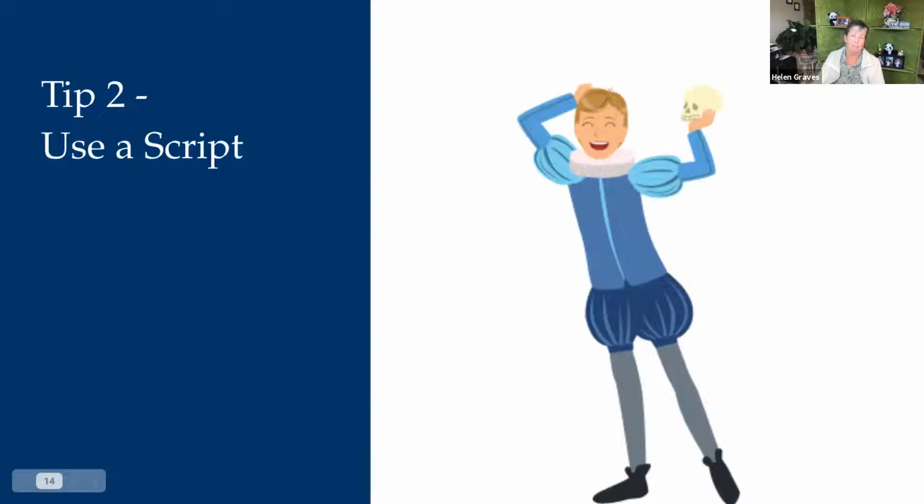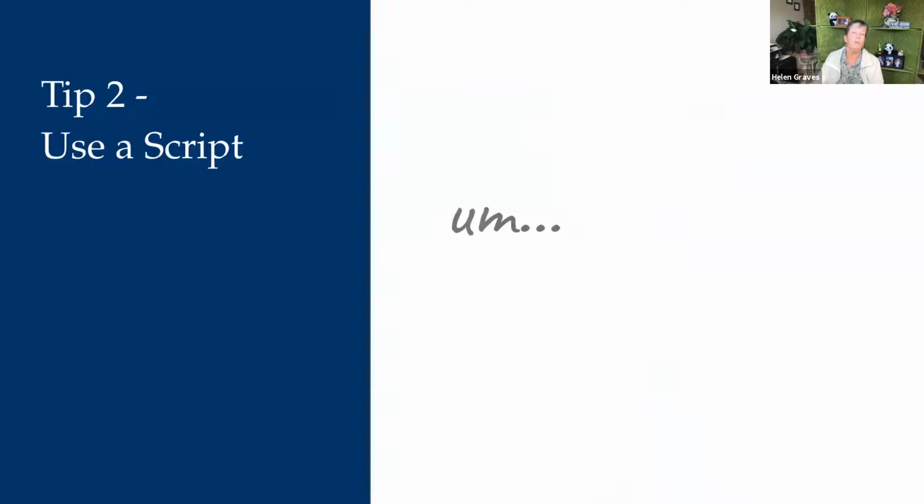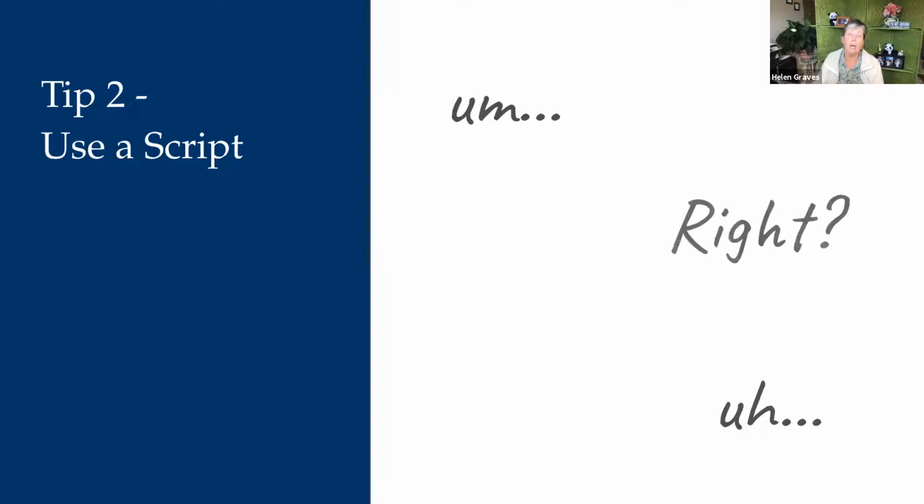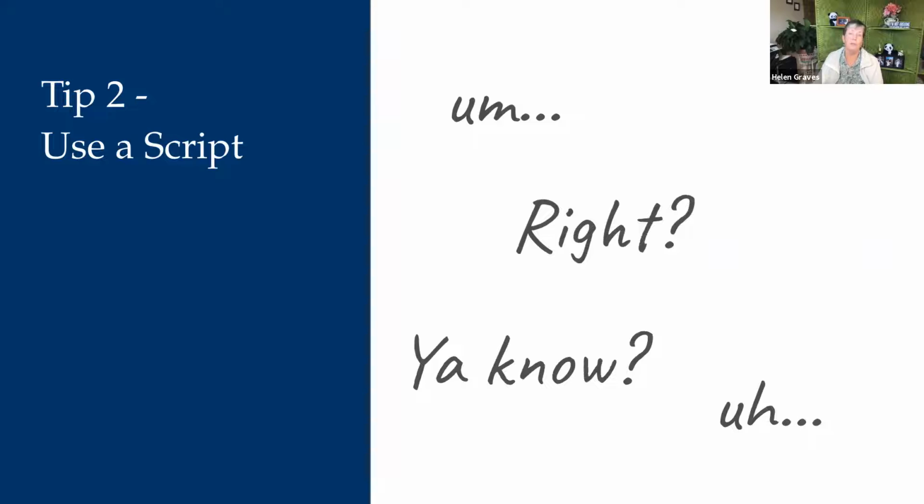The second tip is to use a script. I can hear some of you gasping at this suggestion, but before you scoff, let me make a case for a script, or at least an extensive outline. Most of us are not trained speakers, which means we tend to engage in frequent verbal fillers, ending sentences with "right" and "you know," or repeating a word or phrase while we kind of figure out what we're going to say next.